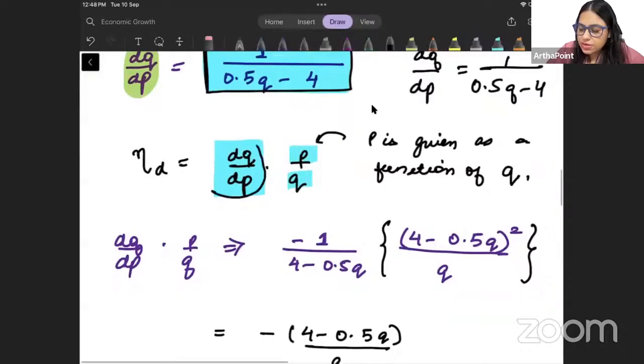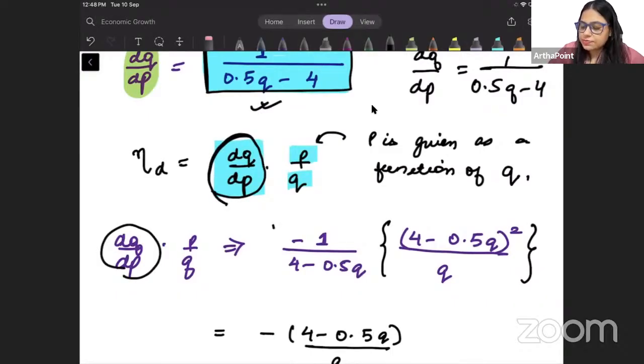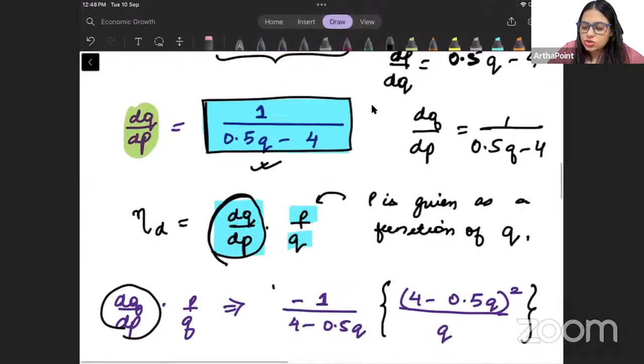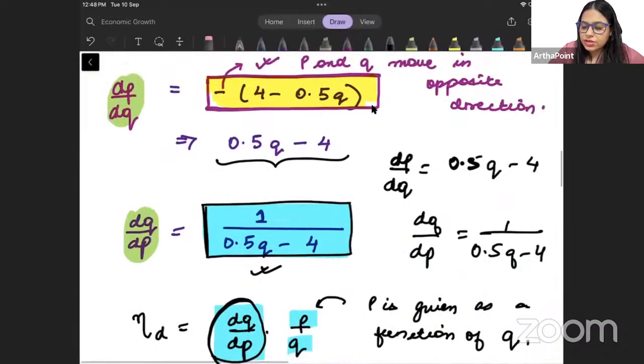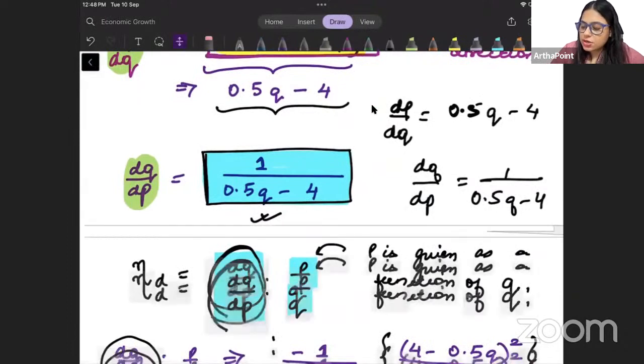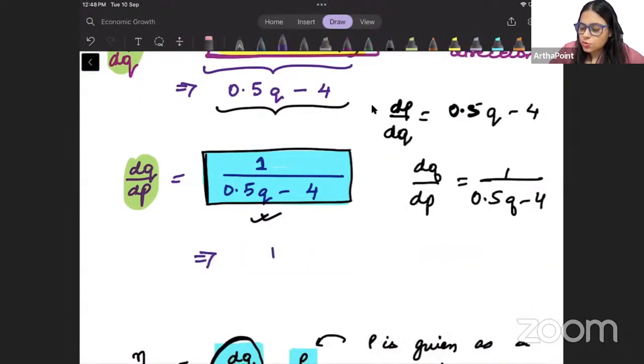Instead of dQ by dP, I have just plugged in this value. I have just rewritten it like this only. I have kept the negative outside because it is elasticity of demand. So actually I have just written this like this: minus 1 upon 4 minus 0.5 Q.